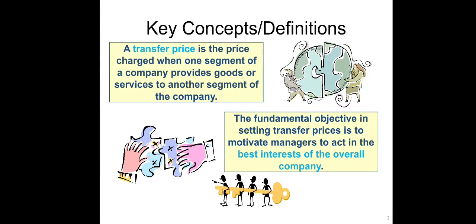So the first thing that you can see here is the definition of transfer pricing or transfer price. See here in the first yellow box in this slide, a transfer price is the price charged when one segment of a company provides goods or services to another segment of the company.